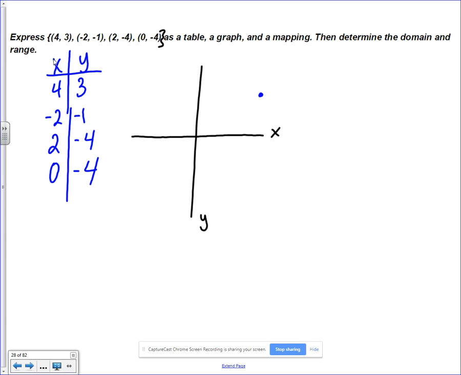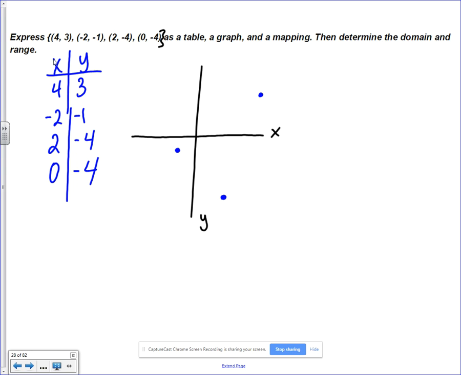Now the next one says -2. So which way will I go for -2? We're going to go to the left 2, and then we're going to go down 1. This one says 2, -4. So I need to go 2 to the right and then -4 somewhere in there.